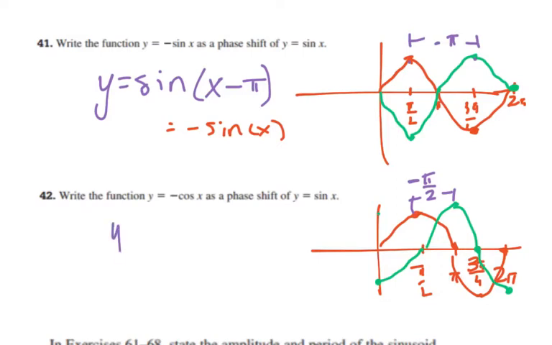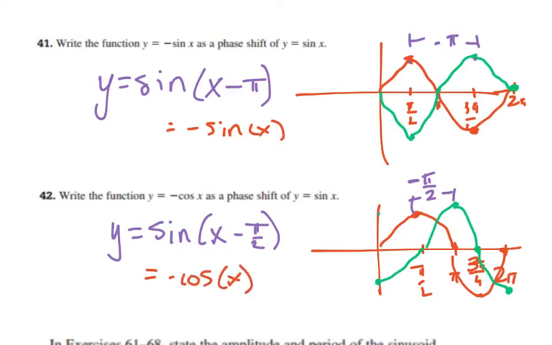And so our new equation is sine, but we're going to take pi over 2 and subtract it from x, because that would have equaled negative cosine of x. So you're just trying to find that peak or one of those identifying features and see how it shifts to become this so that we can make the new equation.